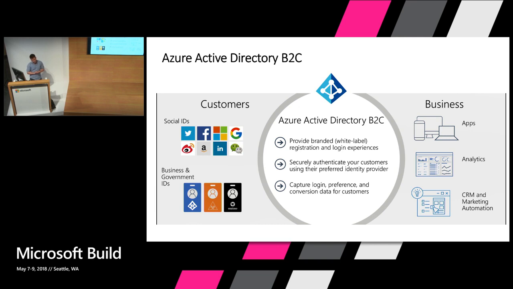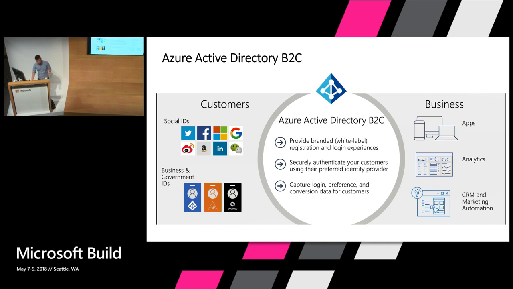You can integrate with any custom providers, such as Azure Active Directory and any other workplace or government ID as well. Then you can take Azure Active Directory B2C and plug it into your business ecosystem as your authentication service for your applications, or to supply data to your analytics, CRM, and other marketing automation.